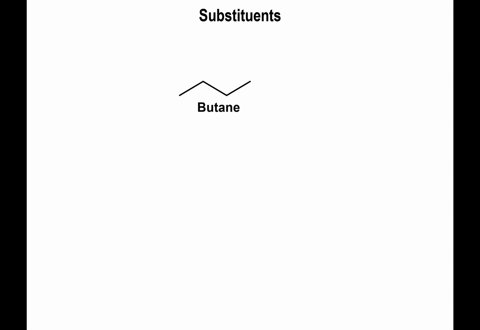All right, now one last thing that I need to show you before we start doing the examples. When you're dealing with a count of 4 for your molecule, if you draw it as a linear molecule, you're dealing with butane. But there's another isomer of butane that you can draw. This is known as isobutane. Notice that I truncated the linear chain to 3 and then I stuck the 4th one in the middle. This is known as isobutane, meaning isomer of butane. If you use these particular molecules as substituents, meaning that you could attach them, there's 2 ways to make this happen.